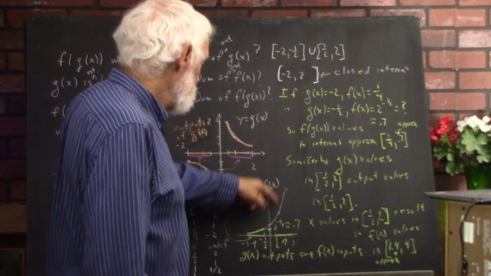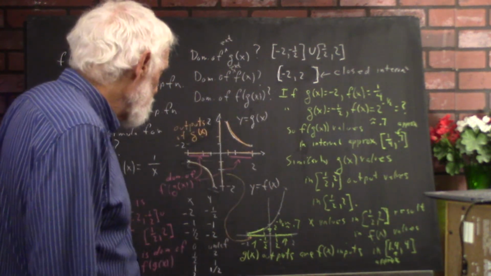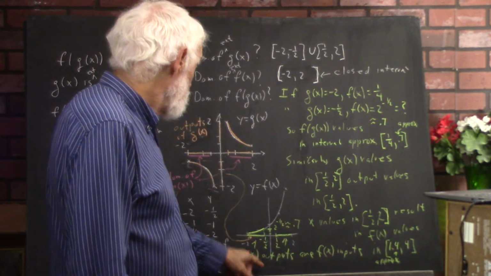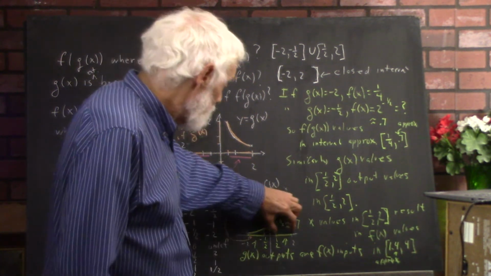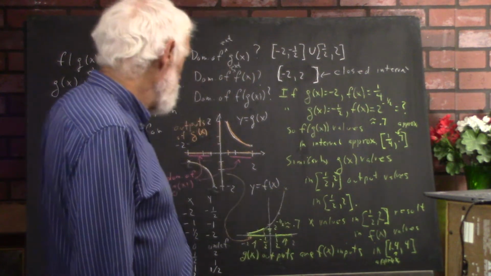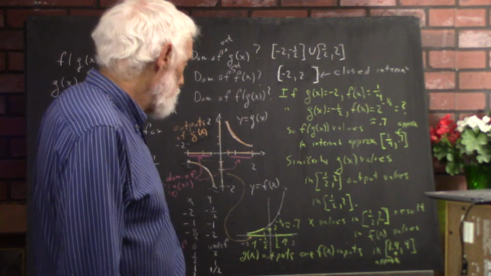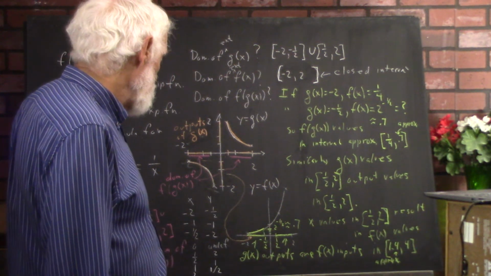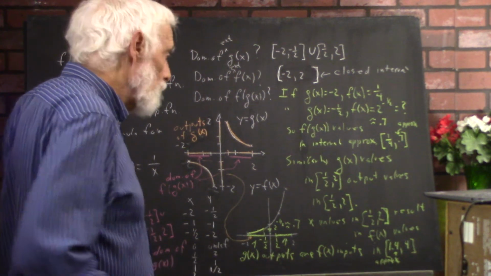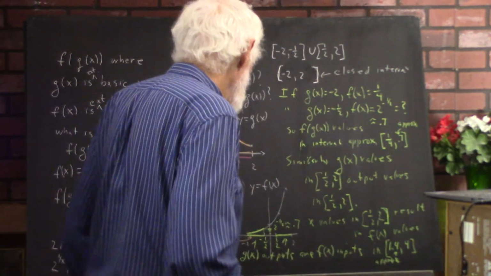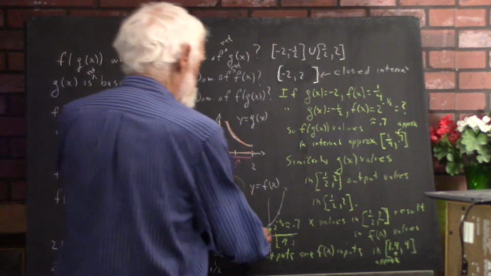So here's a picture of f of x. Here are the numbers that are output by g of x. That interval now becomes an input to f of x. This y interval is also an input to f of x. And g of x outputs numbers here and here.